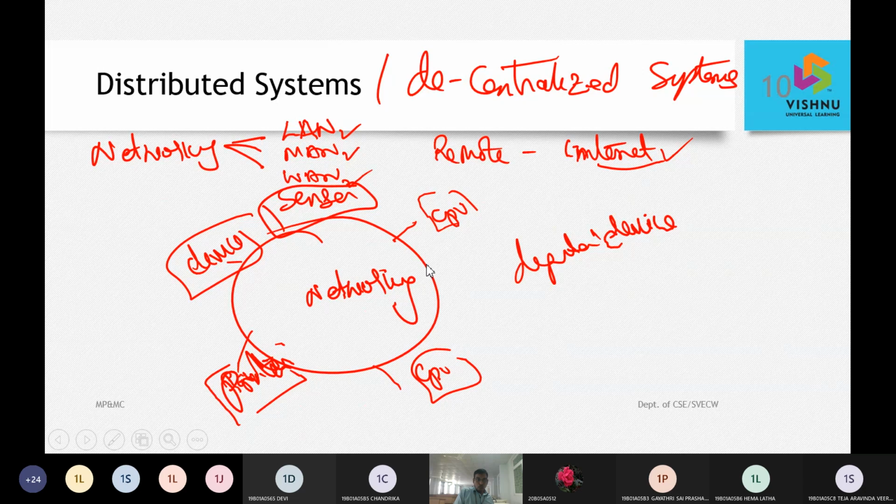So there are 4 cores. Therefore, it is quad core. You purchase your mobile with a quad core processor, or you say my mobile is an octa core processor. Octa core means you have 8 cores, 8 CPUs, 8 microprocessors burnt inside a single chip. So that is the advantage you are going to have.